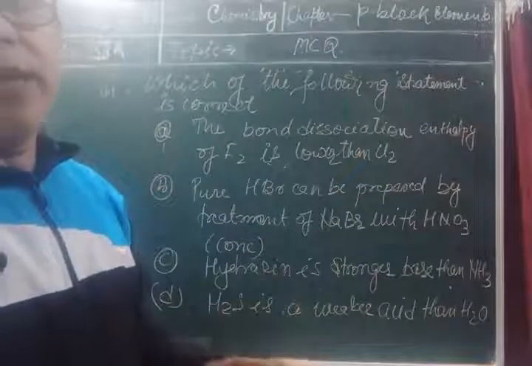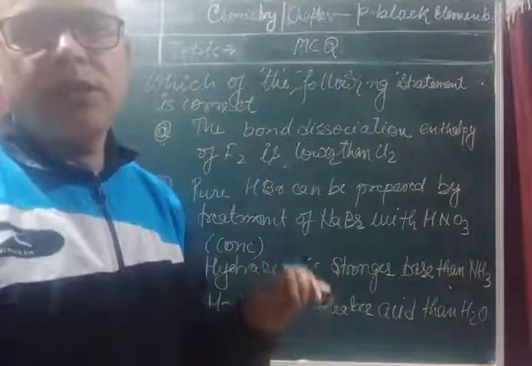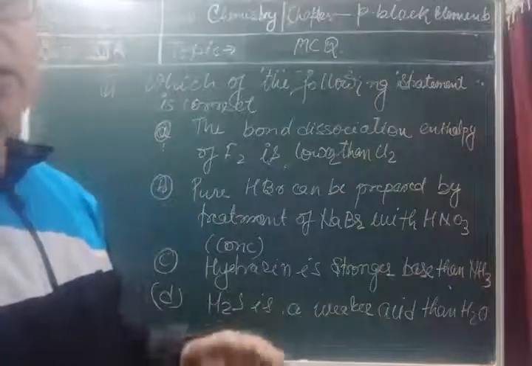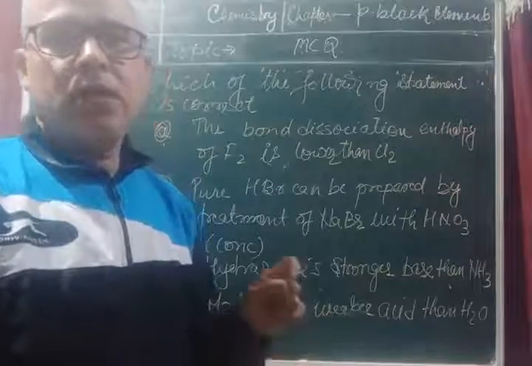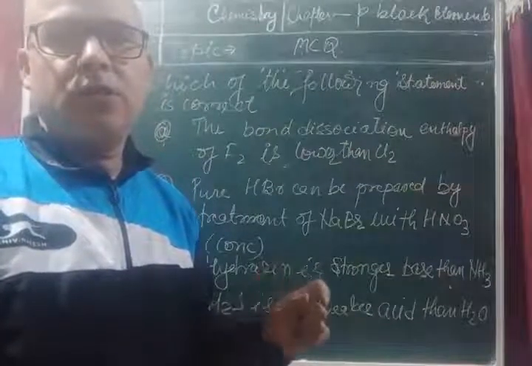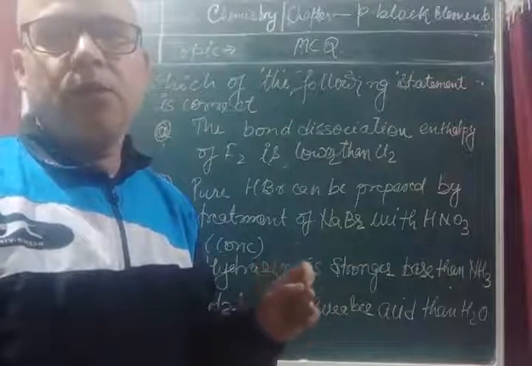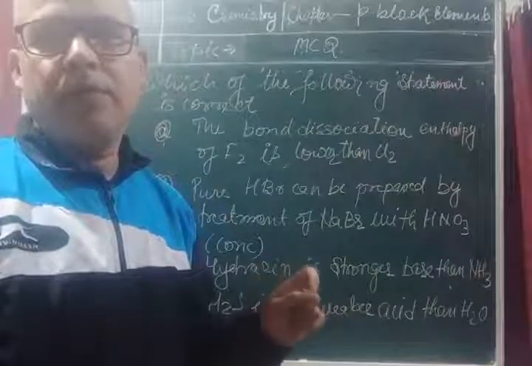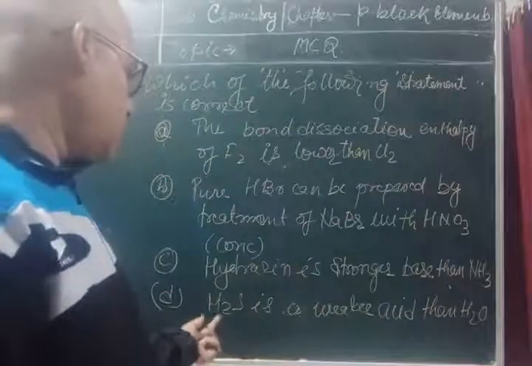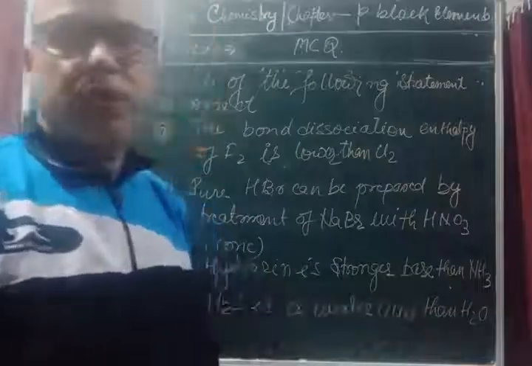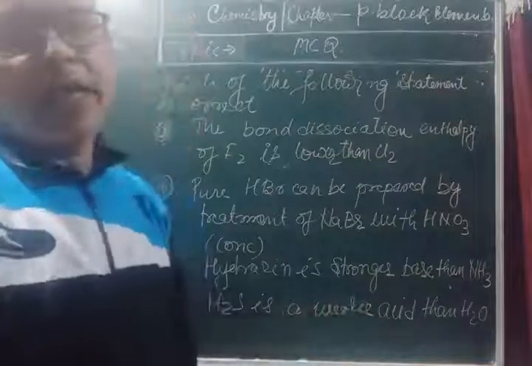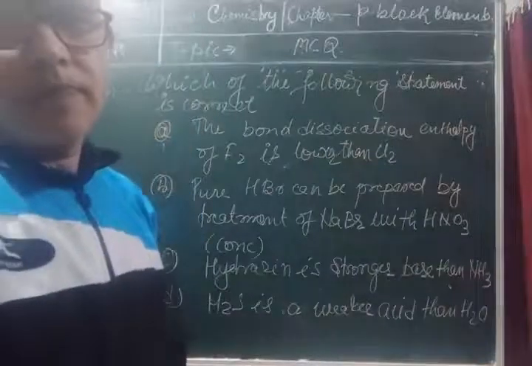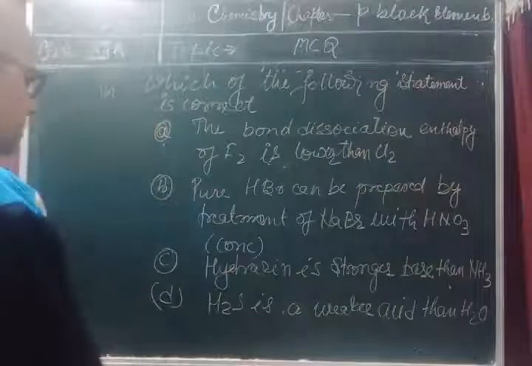So H2S is a stronger acid than H2O. In the earlier question we discussed that the smaller the size, the stronger the bond dissociation enthalpy, and the weaker the acid. So this option is wrong.